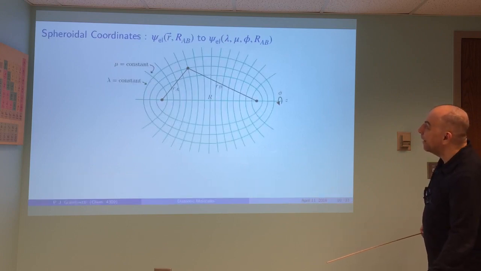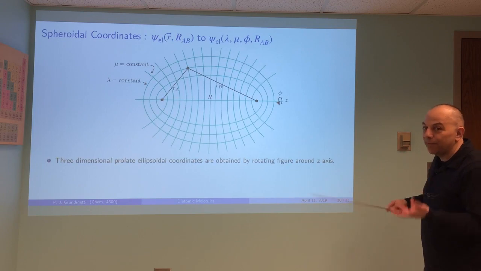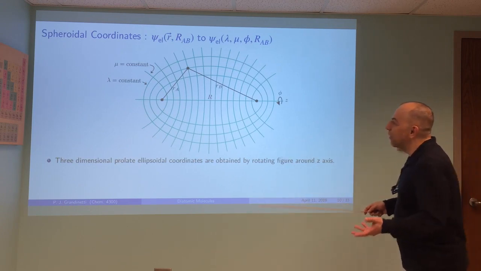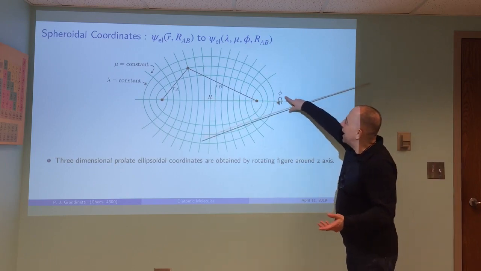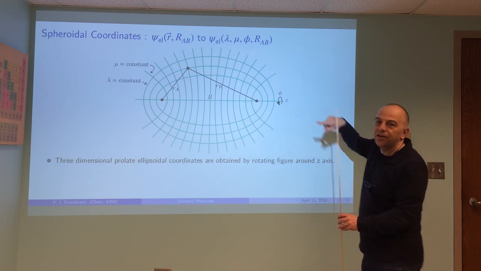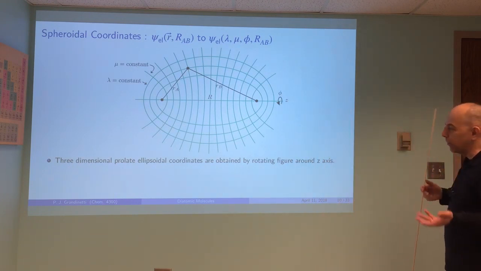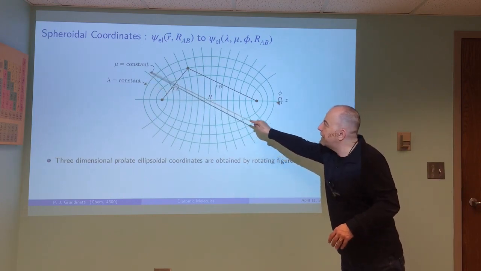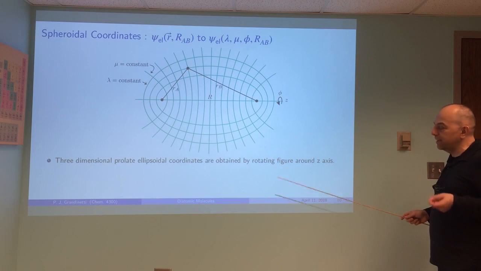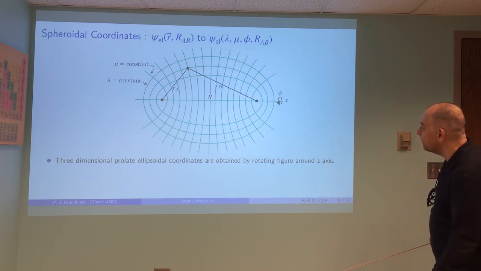Now, we actually have to solve the problem in 3D, and what I showed you so far was just 2D. So if you take this whole thing and add a new variable, phi, so that you can rotate it about this axis, then you have a three-dimensional coordinate system. So you have lambda, mu, and phi, and you can specify any coordinate in this space.